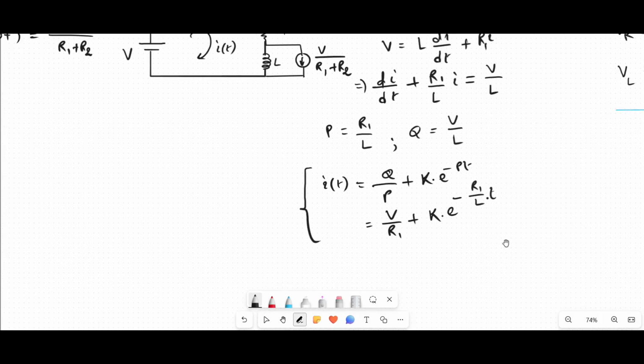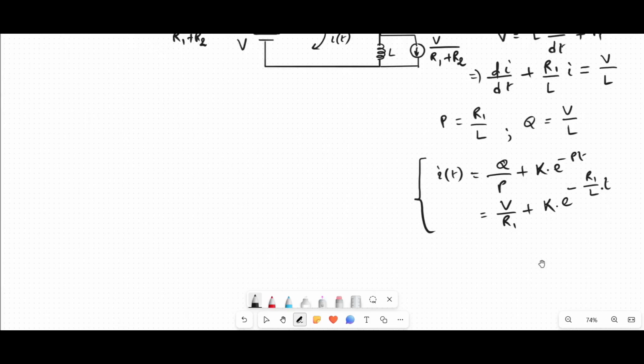So if in this equation we put t equals 0, now let's see what will be the value. At t equals 0, we will be having I0 equals V by R1 plus K into e to the power 0, which will be K only.